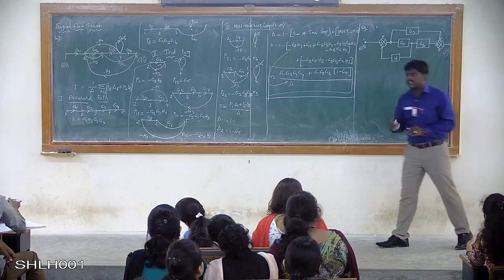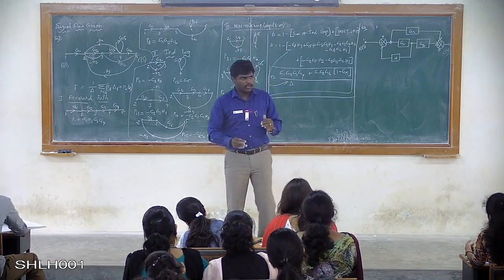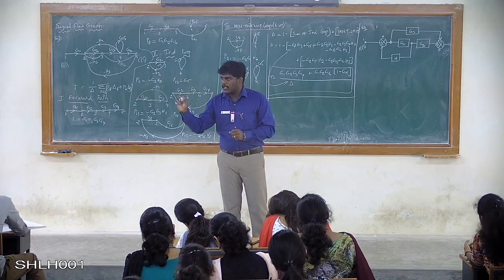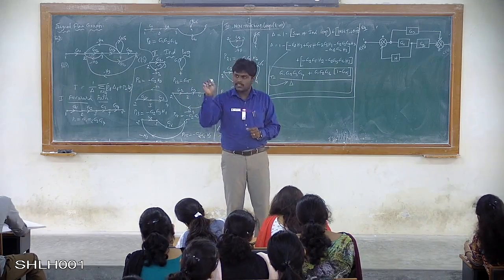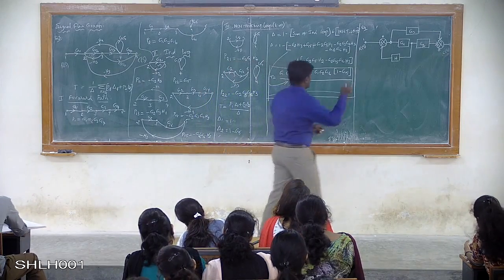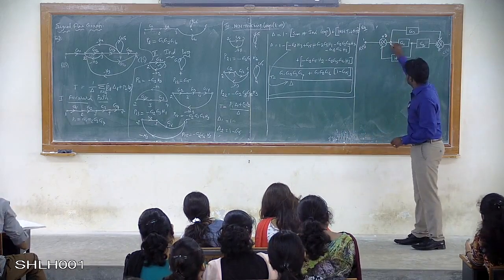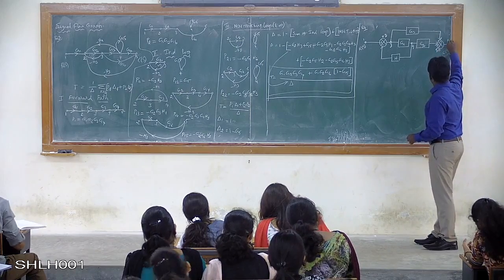So what is the first step? Input and output have to be taken as nodes. The second one is wherever the branch point is, that has to be given a node number. Then where you have a summing point also has to be taken as a node number. Now you can give the numbering: 1, then this can be 2, then this is 3, then this will be 4, then 5 and 6, right?